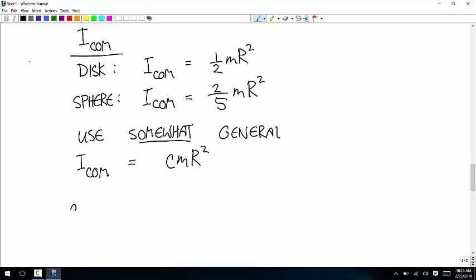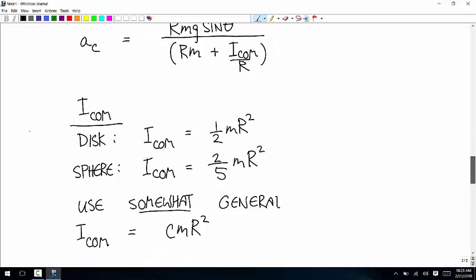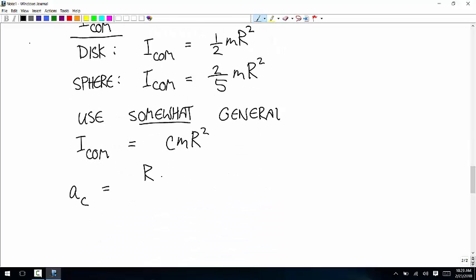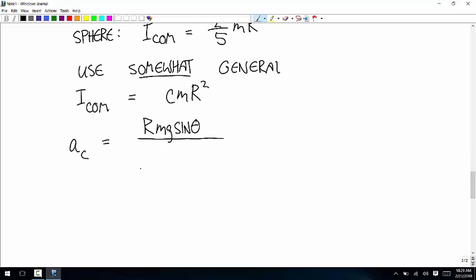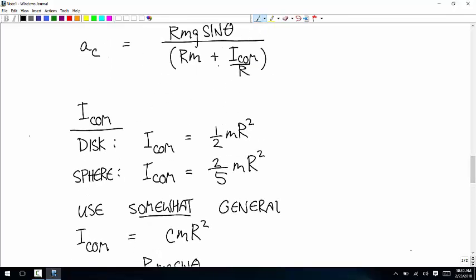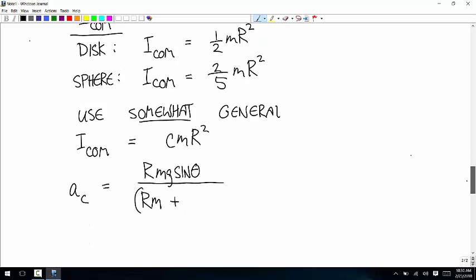Then our expression for the acceleration of the center is, so we still have all this stuff on top, R M g sine theta. And on the bottom, we have RM plus ICOM, we're going to call CMR squared, and we're dividing by R. So that's just going to be CMR.